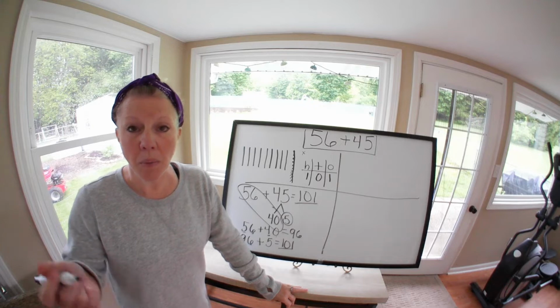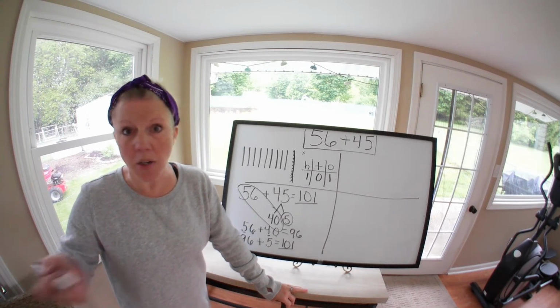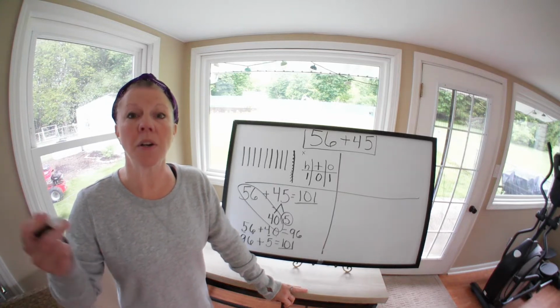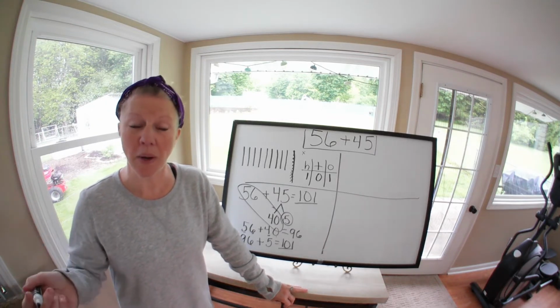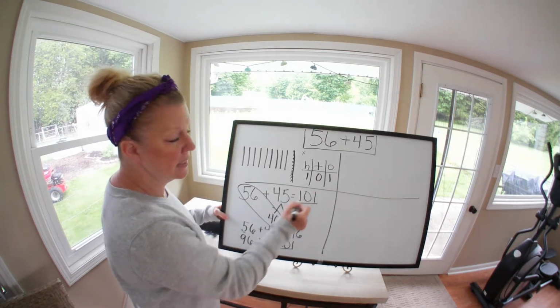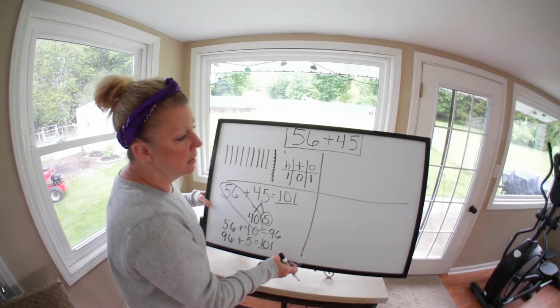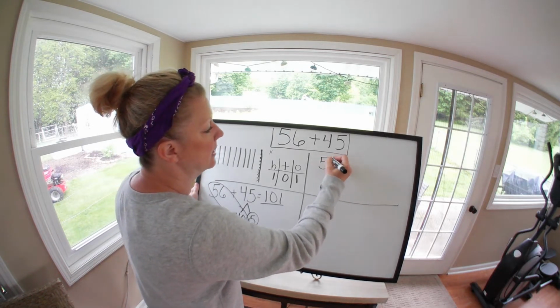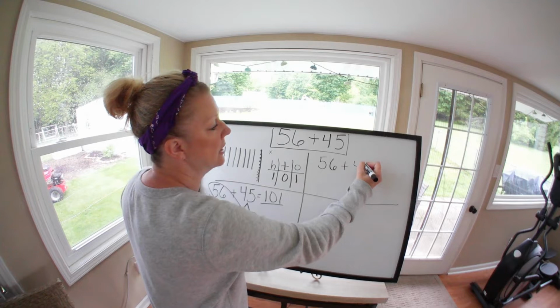Okay? And remember, once you pass 100, it starts all over again. 100, 101, 102, 103, and so on. Okay? Now, you'll notice I came up with the same answer. Now, let's take a look over here. I'm going to write it again. So we have 56 plus 45.